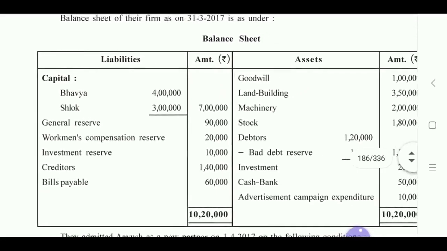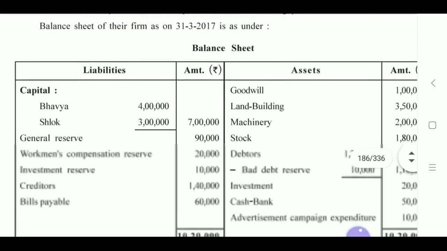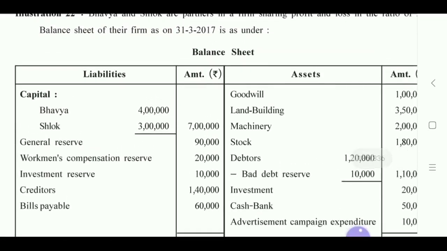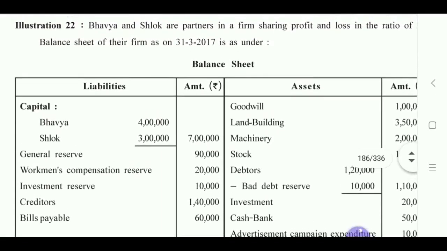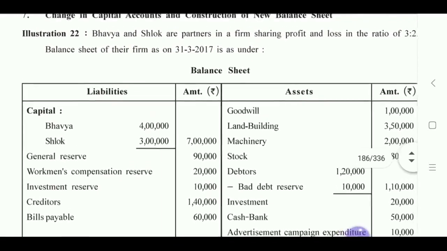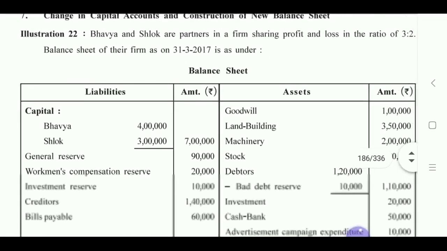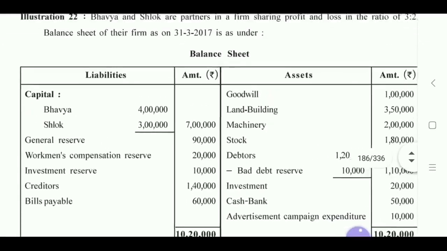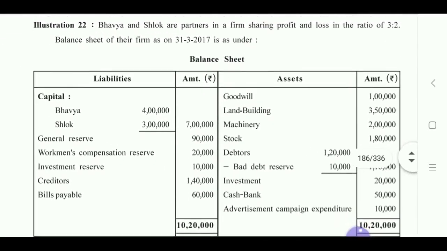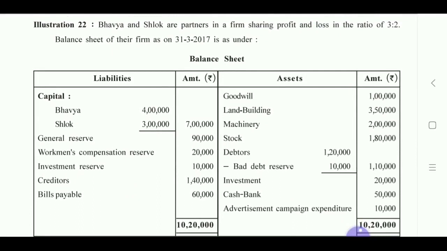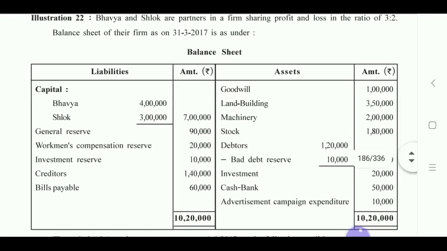We don't have the balances of current accounts here, so we'll be preparing partners' capital accounts. You know very well which accounts we are going to prepare: revaluation account, partners' capital account, cash and bank account, and new balance sheet. And if there was a mention of current account balances in the balance sheet, on any side, liabilities or assets, then you are supposed to prepare current accounts also.